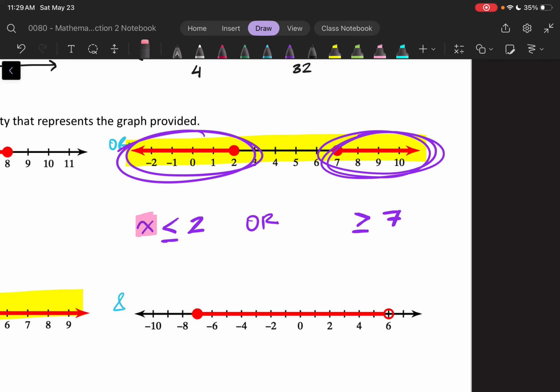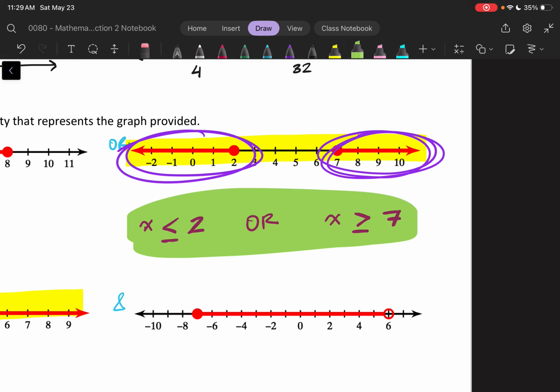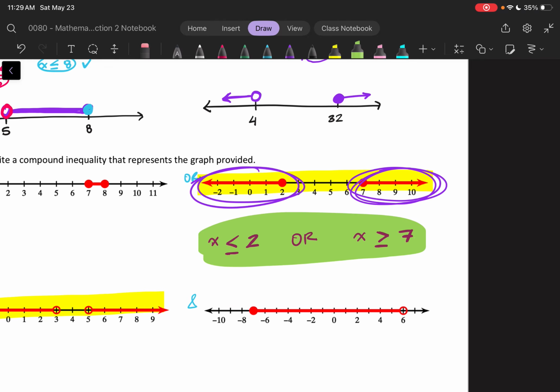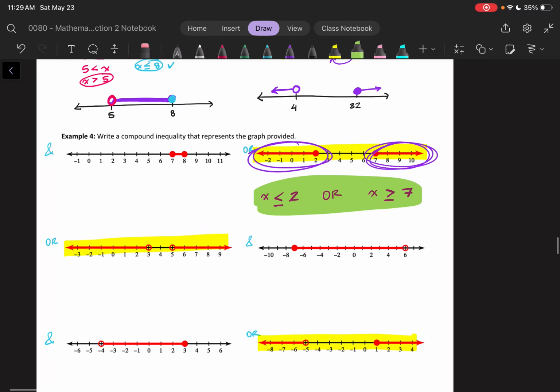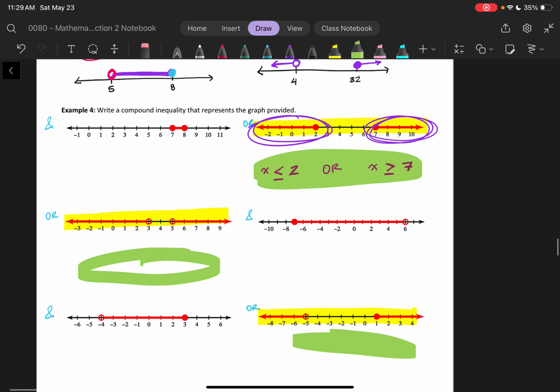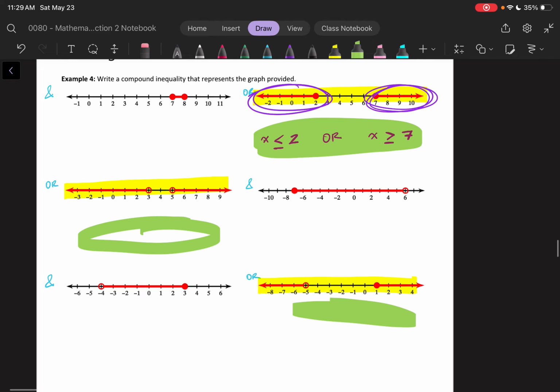But that's it. This is my final answer. Because in an or situation, I do not have to put them together. I simply go ahead and write both inequalities, and I use the word or in between. Now, what I'd like you to do is try the next 2 or situations. Pause the video, give them a go, and then come right back.